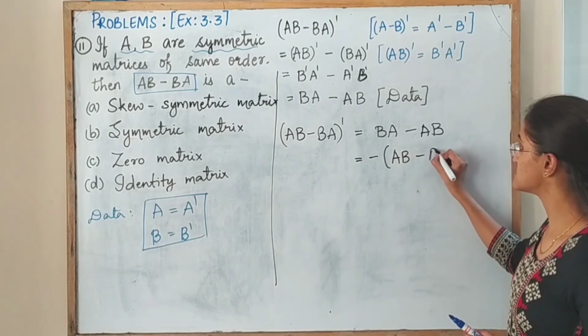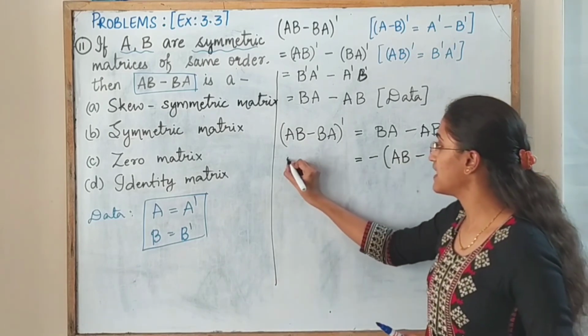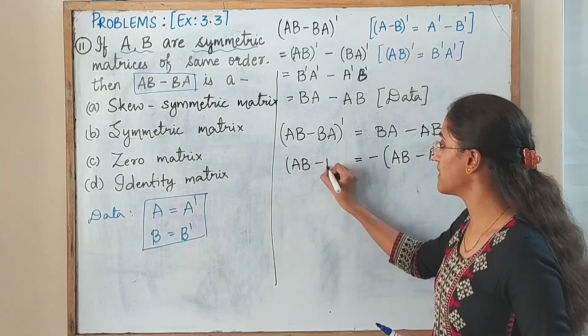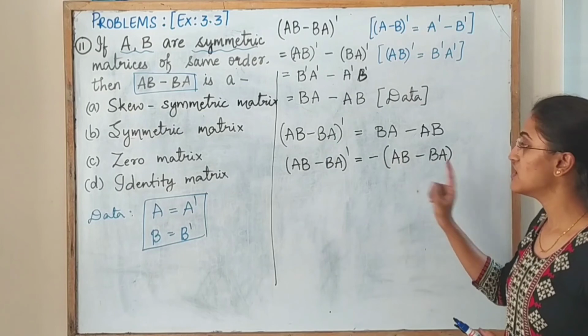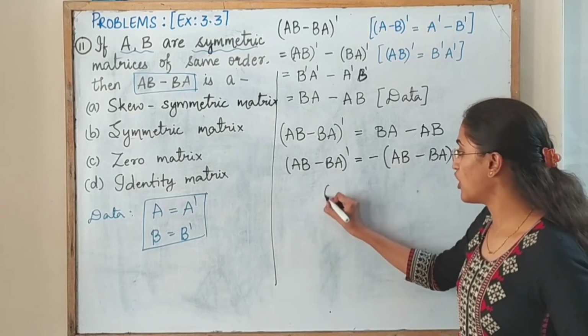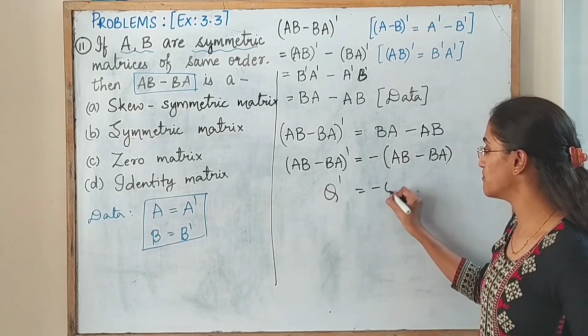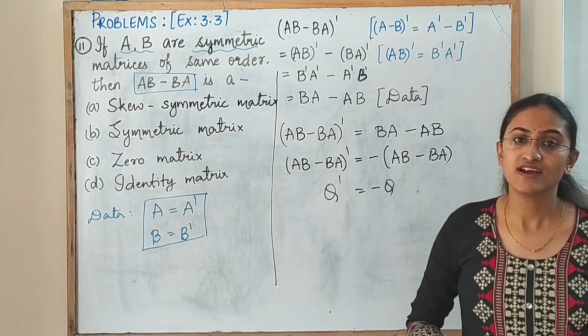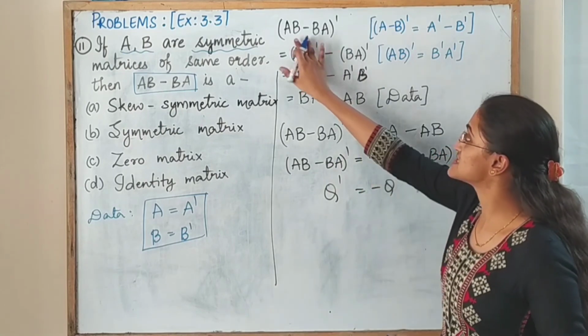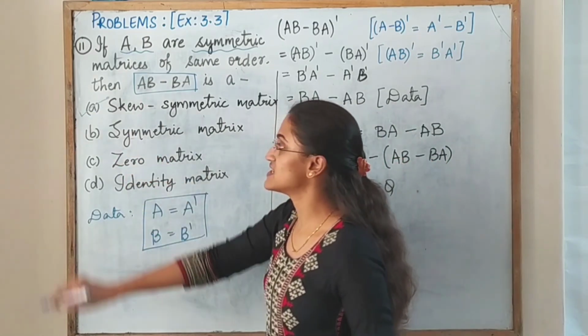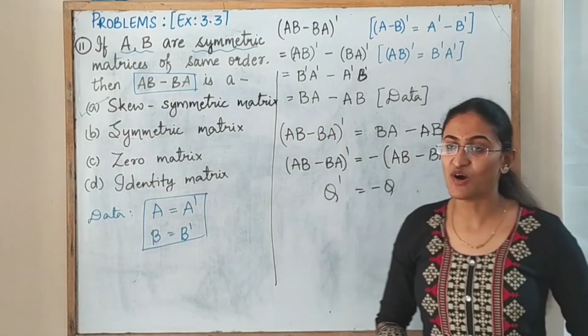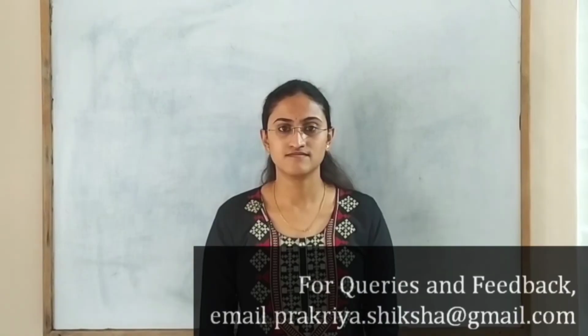Then we get minus of (AB minus BA), and therefore (AB minus BA)' is equal to its negative, and therefore it's of the form Q' is equal to minus Q, and hence you can conclude that the matrix AB minus BA is a skew symmetric matrix, and hence the option is A.